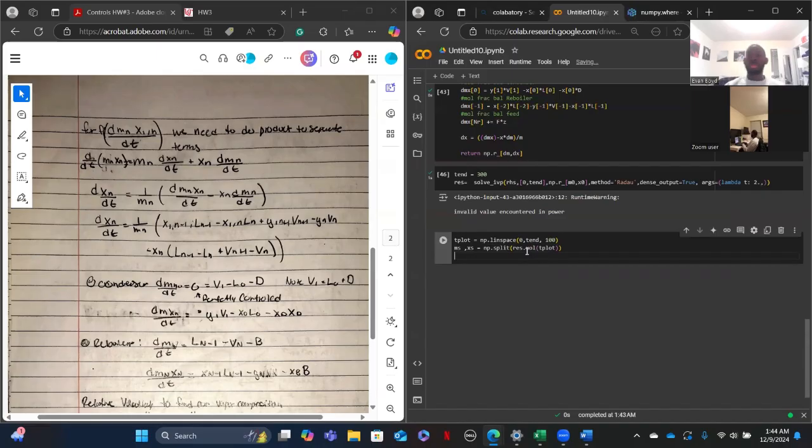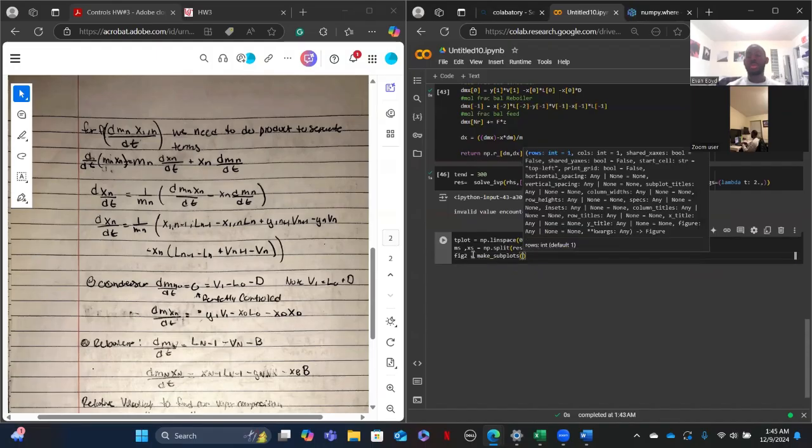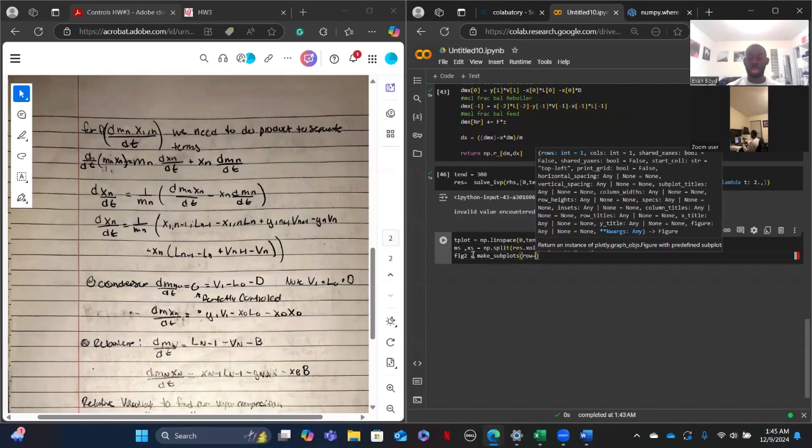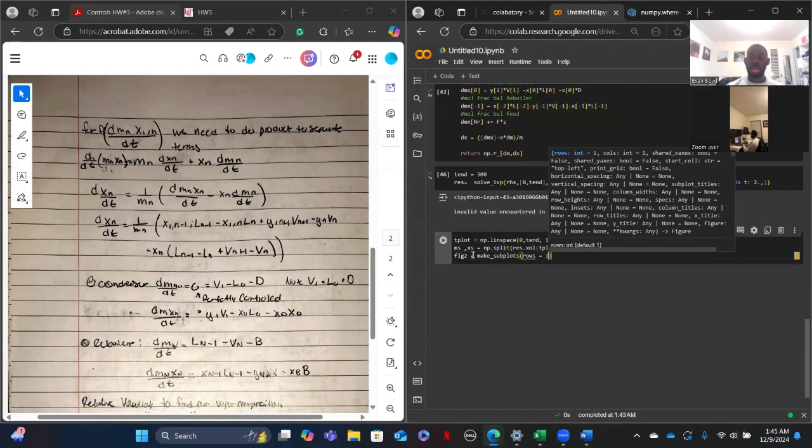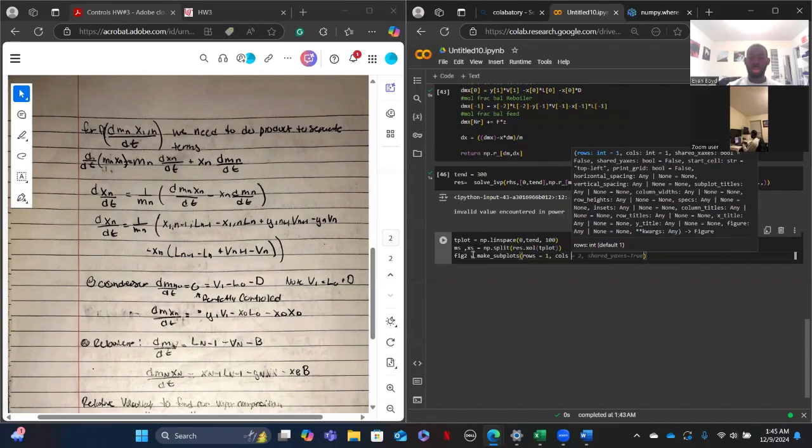Now let's plot this out. So we have fig2, because it's our second, equal to make subplots. We want 2 columns, one for our moles and one for our mole fractions, so rows is equal to 1 and columns equal to 2.